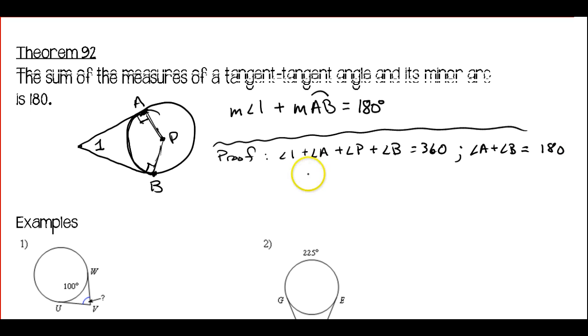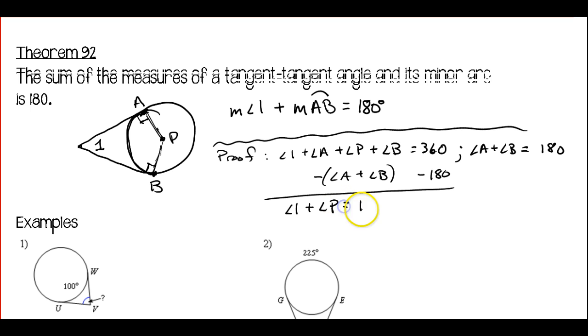All right, so if I subtract out angle A plus angle B, and then subtract out 180 on that side because that's what it equals, I get that angle 1 plus angle P is equal to 180. And I know that the measure of angle P is equal to the measure of arc AB. Therefore, the measure of angle 1 plus the measure of arc AB is equal to 180.